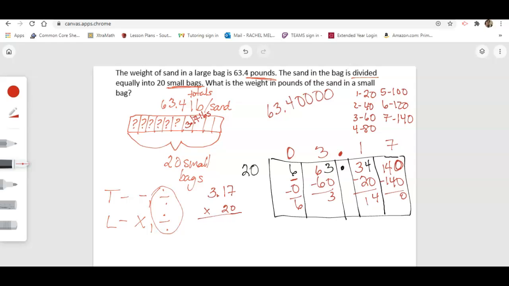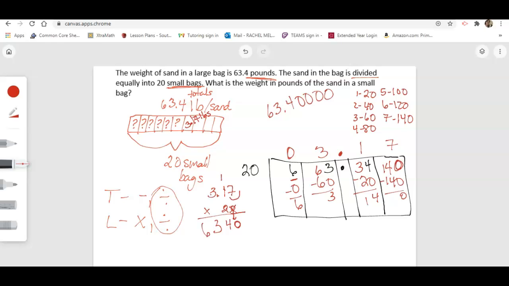Now remember, when I'm multiplying by a multiple of 10, I can take this 0 and just bring it down and cross it off. I don't have to have a whole row of zeros and then start another row. Bringing that 0 down tells me that I have nothing in the ones place, and now I'm going to the tens place. 2 times 7 is 14. 2 times 1 plus 1 is 3. 2 times 3 is 6.